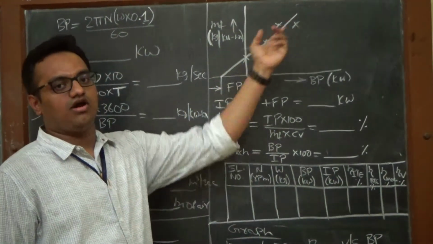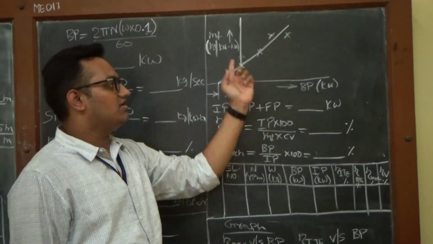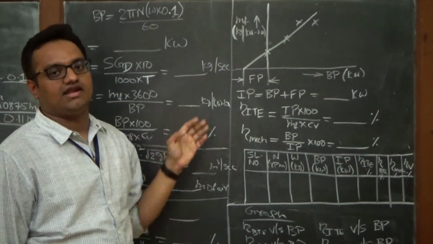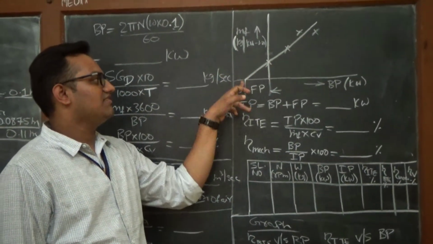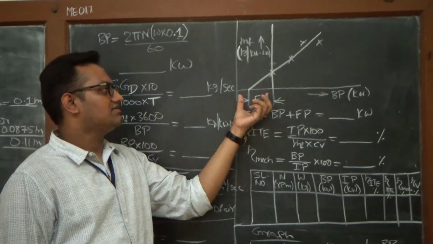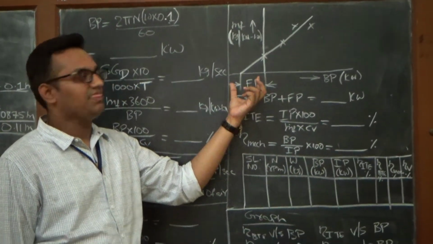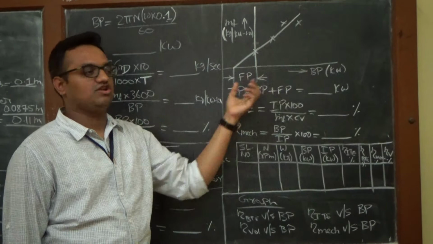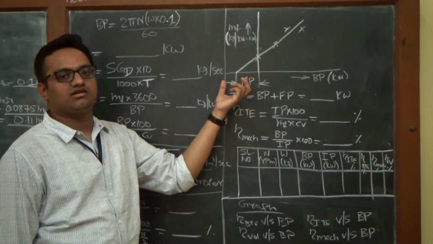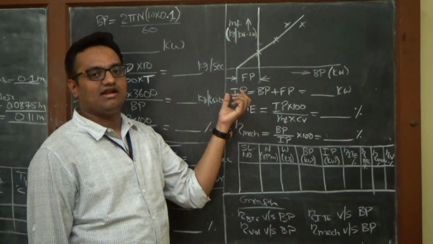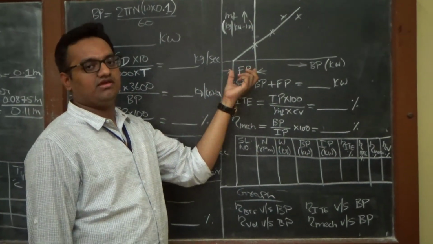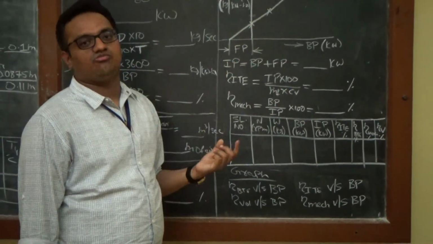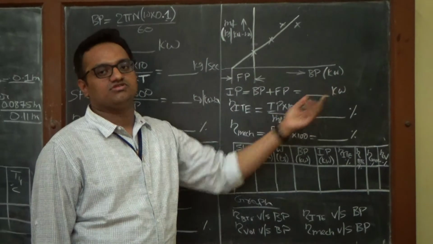We draw a plot, and if we extend the line beyond the zero line, the datum line, it will touch the x-axis somewhere. Whatever is measured there is nothing but the FP, usually in kilowatts, because BP is also in kilowatts. So to calculate the IP, we have to measure the BP in the graph, convert it according to the scale you have plotted, and finally get the IP in kilowatts.